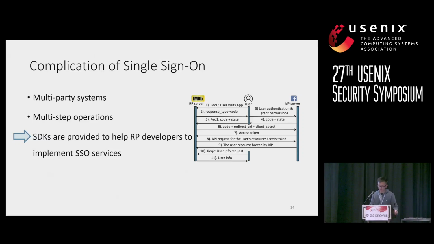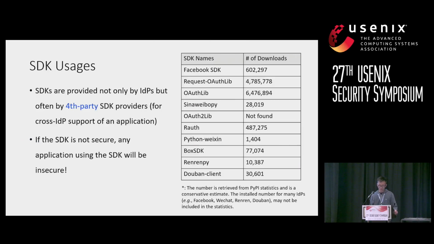So as we discussed, the entire process is quite complicated. It involves multiple parties and multiple operations. Therefore, SDKs are provided to help RP developers implement single sign-on services. Actually, the SDKs are provided not only by IDPs like Facebook, but more often by fourth-party SDK providers for cross-IDP support of an application.